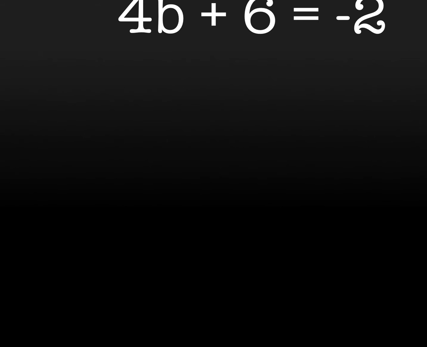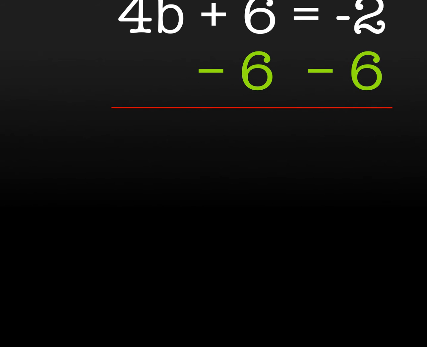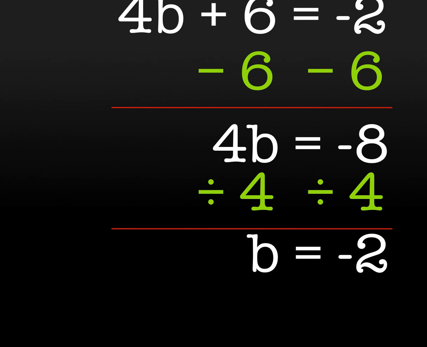First, let's take away the plus 6 by subtracting 6 from both sides. 6 minus 6 is 0, so that'll get canceled out. Negative 2 minus 6 is negative 8. So now we have 4b equals negative 8. Our next step, since we want 1b, is to divide both sides by 4. And we get that 1b equals negative 2.